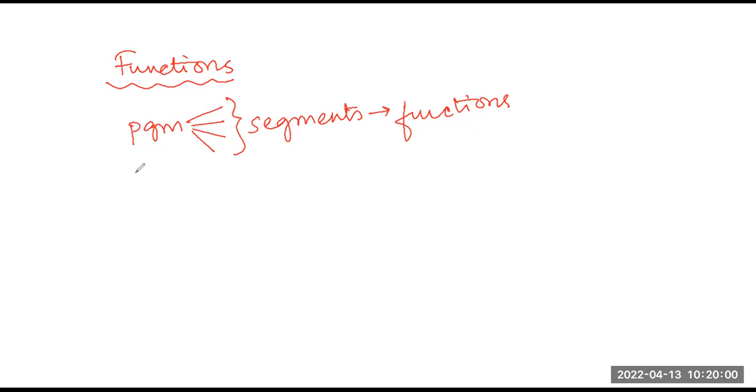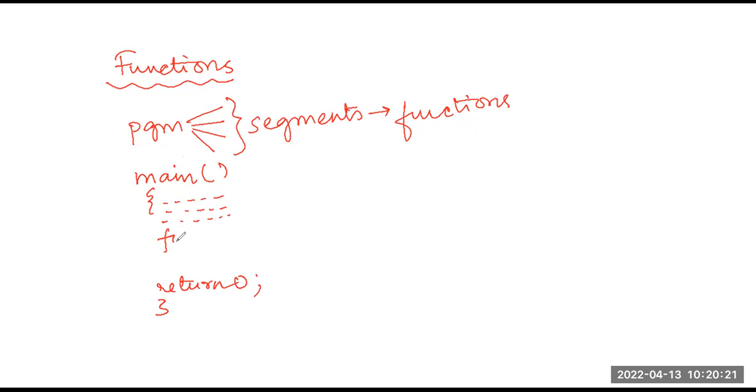Now, how is that possible? Suppose I have a main function from where I write everything. Suppose my main is starting over here and it is ending over here. There is the return zero statement over here. Fine. Here a lot of code is written.